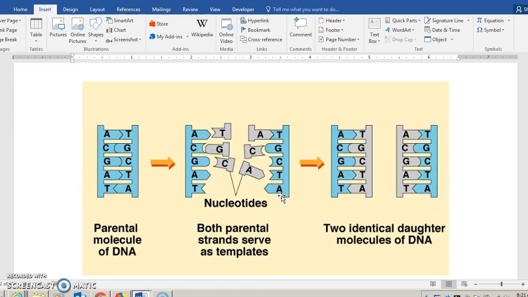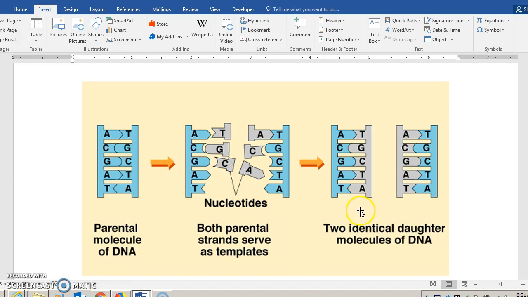So in semi-conservative replication, it means that the parental strands of the parental molecule serve as a template so that new nucleotides can come in and assemble, and the bases can pair with each other. And when these nucleotides come in close, they can be cemented together, or bonded together, it's a better term.